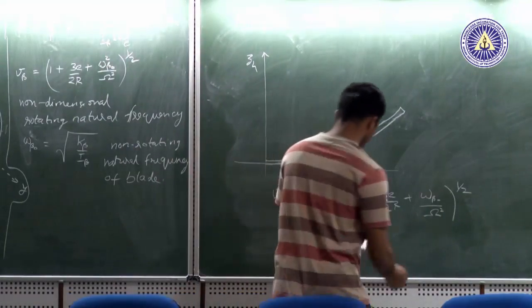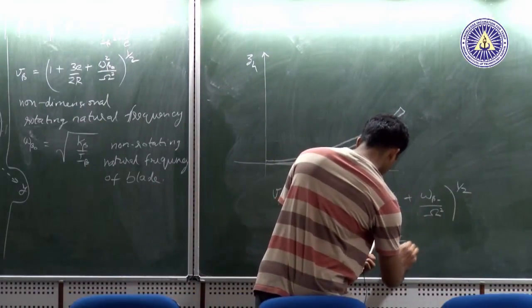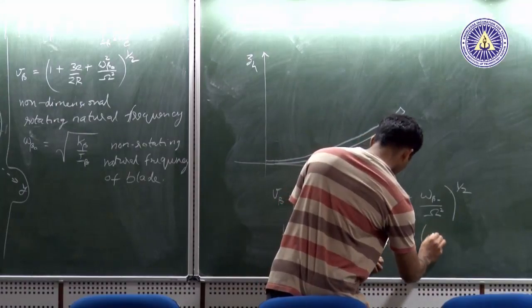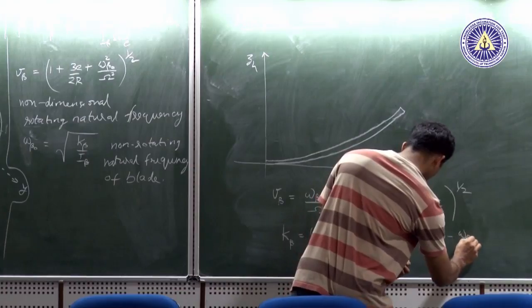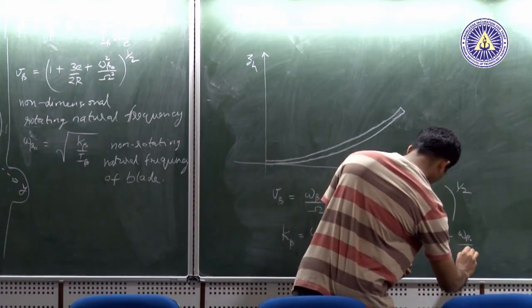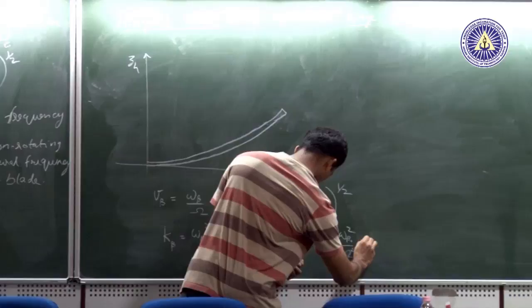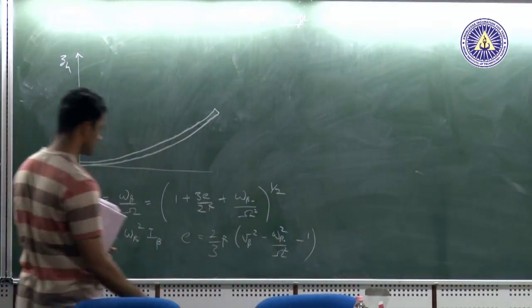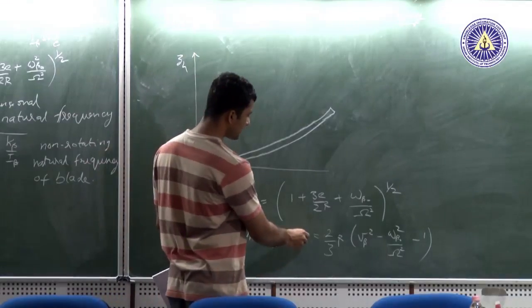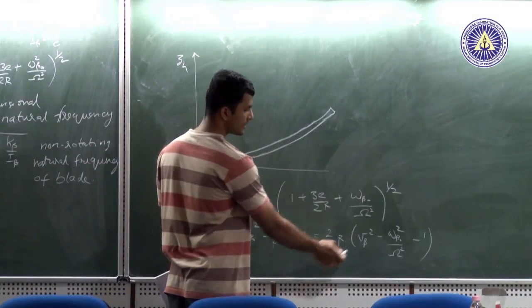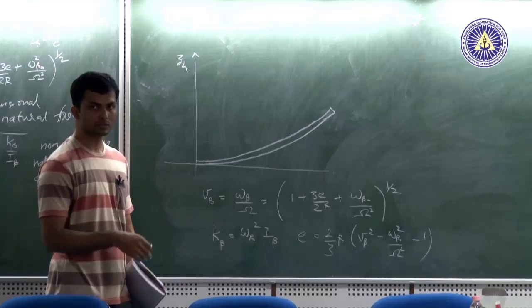So that's 2 by 3 r times mu beta square minus omega beta naught, minus 1. Okay, and here we are assuming that we are able to measure this rotating natural frequency also.